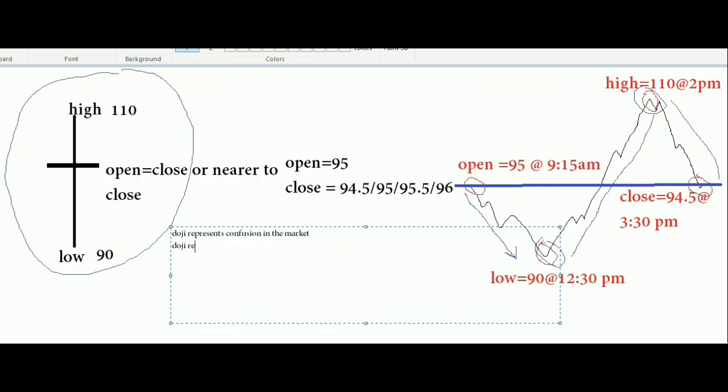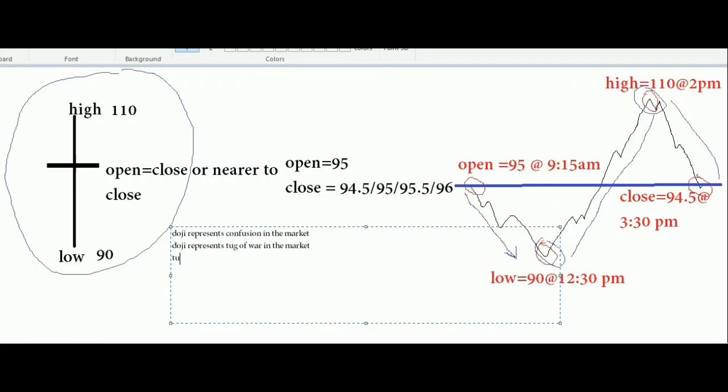Doji represents tug of war in the market. But between whom? Confusion between whom? Confusion between buyers and sellers. Tug of war between whom? Between bulls and bears. So doji represents confusion in the market. Doji represents tug of war in the market.